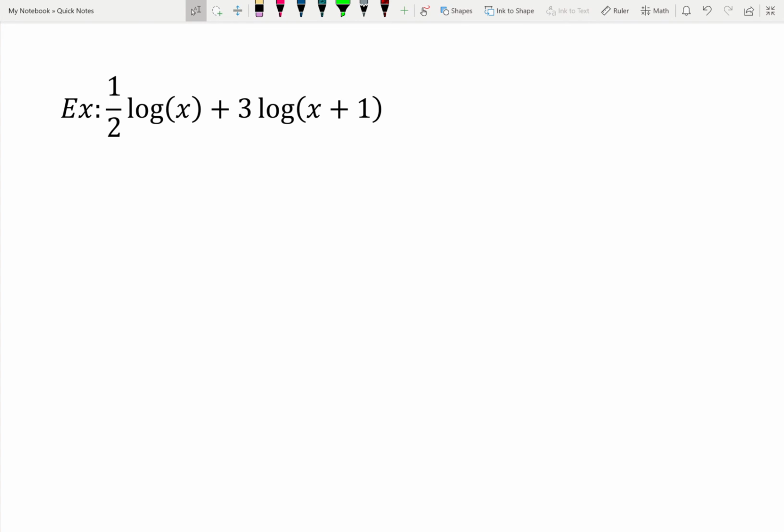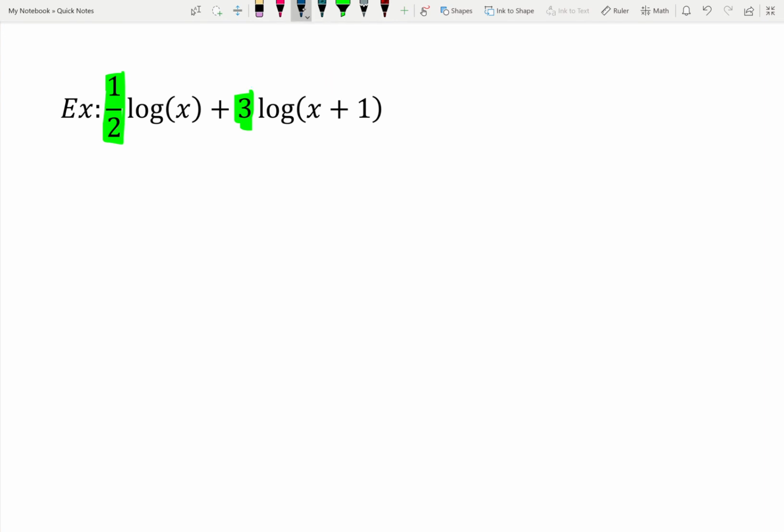Okay, so I see that I have two logs here, and they're both being multiplied by some number in front of them. So when does this happen, when there's a number in front of our logs? It's usually when we bring the exponent out from inside the parentheses to outside the parentheses. So now that we're not expanding, we're contracting, we're going to take these numbers and put them back into the parentheses.